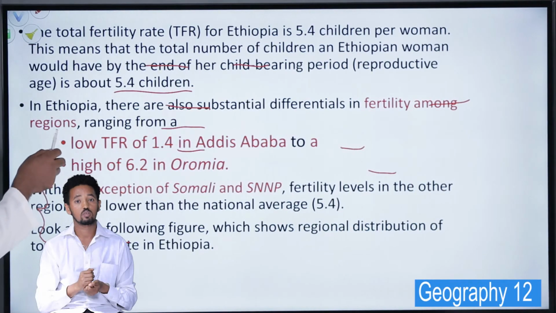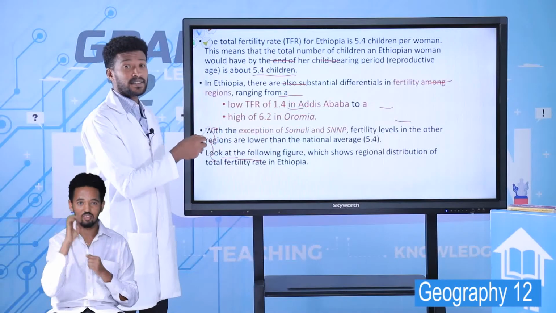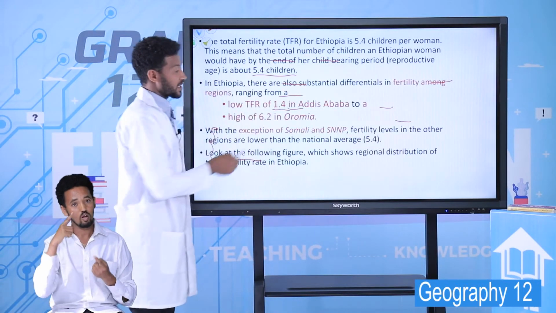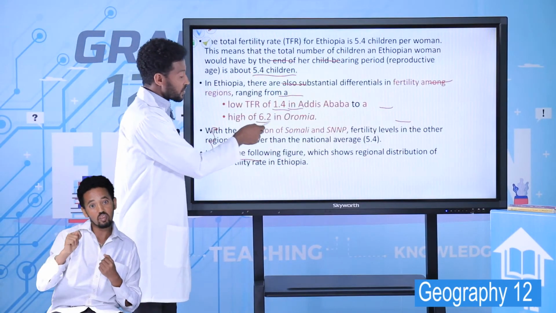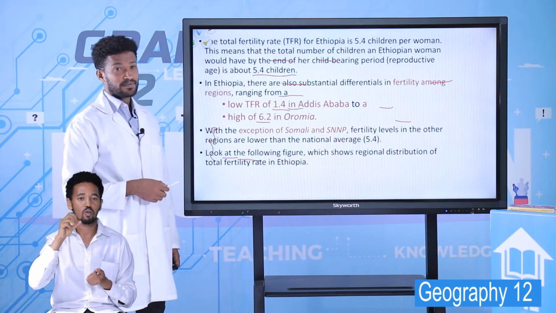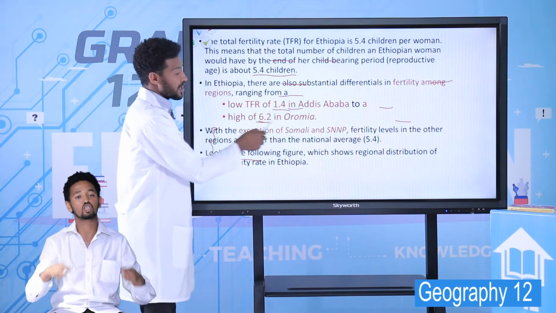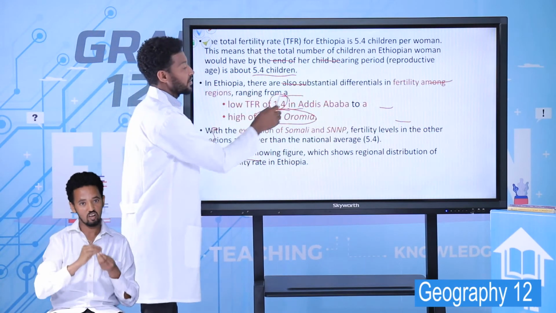This is the total fertility rate in Ethiopia. The total fertility rate in Ethiopia ranges from 1.4 in Addis Ababa to 6.2 in Oromia region. When we say this, Oromia region had the highest total fertility rate and Addis Ababa the lowest.